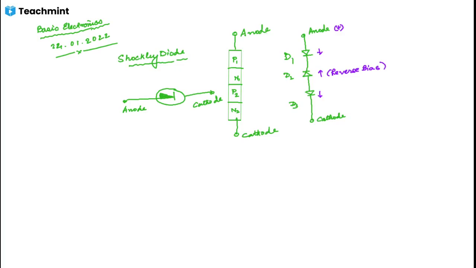Now as the forward voltage increases, the reverse bias across D2 is also increased. Now only D2 is included because D1 and D3 offer very low resistance.